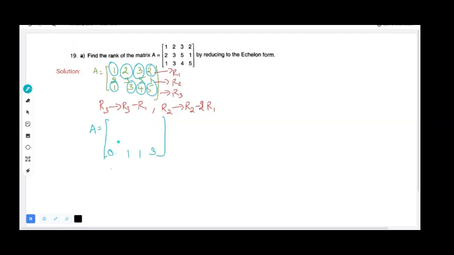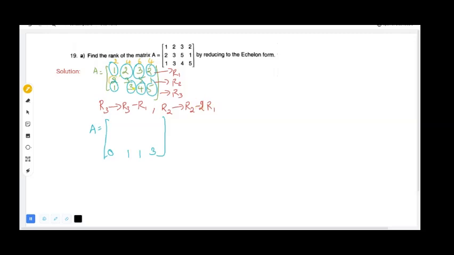So we'll move on with the second row. We have R2 equals R2 minus 2R1. First multiply by 2 and write it on the top. 2 ones are 2, 2 twos are 4, 2 threes are 6, 2 twos are 4. Now we subtract R2 minus 2R1.